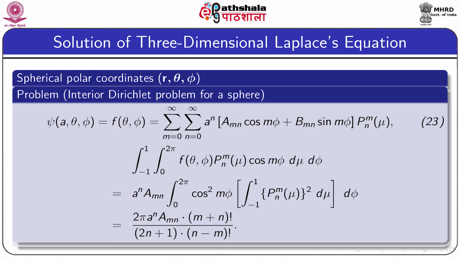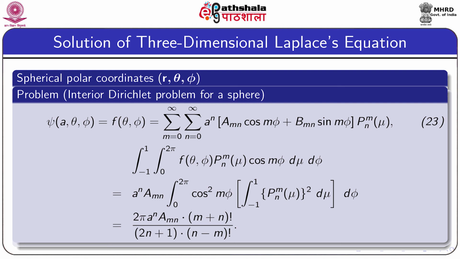Now, using the orthogonality property of the associated Legendre function, we can write the value of the integral from minus 1 to plus 1 of P n m mu squared d mu, and all other terms will be 0 due to the orthogonality property, and here also only the cos m phi term will be there, all other terms will be 0 due to the orthogonality property of Fourier modes.